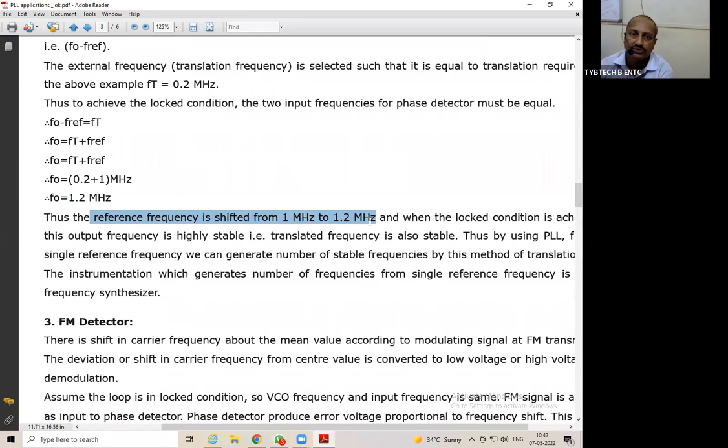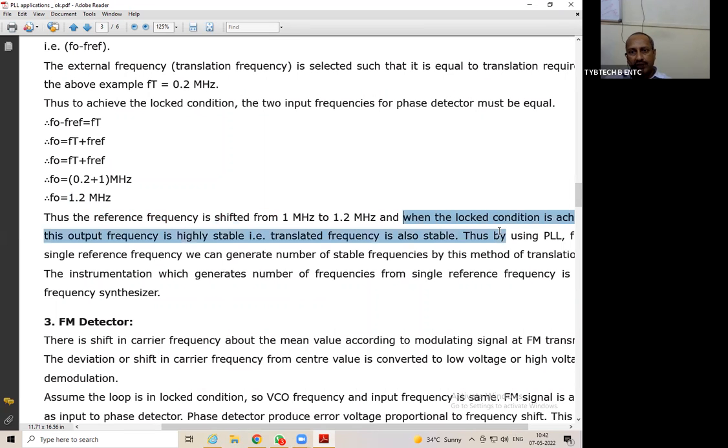So the reference frequency gets shifted from 1 megahertz to 1.2 megahertz. A very minor variation has happened in the frequency. In the locked condition, the output frequency is highly stable, so it will be stable at 1.2 megahertz.